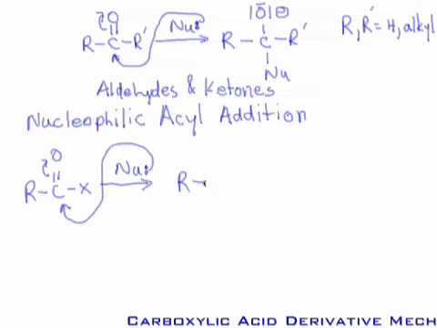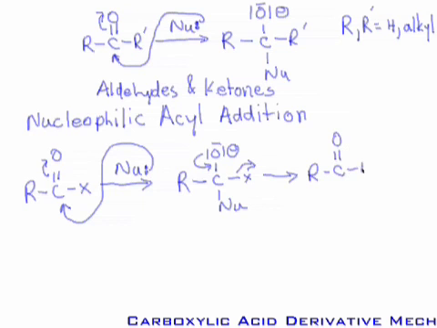You get the RCO minus intermediate, but X is a weaker base, and as a result X is a good leaving group. So the lone pair of electrons reforms the pi bond, and X is kicked out as X minus. Then you've reformed the C double bond O, you have the nucleophile there, and you have X minus, a good leaving group.